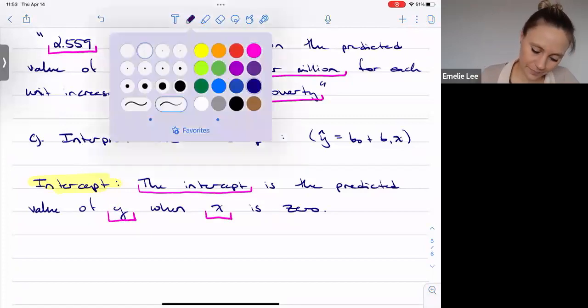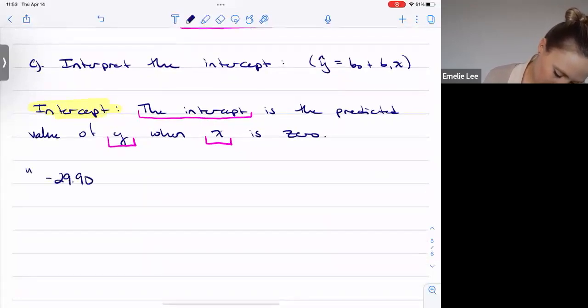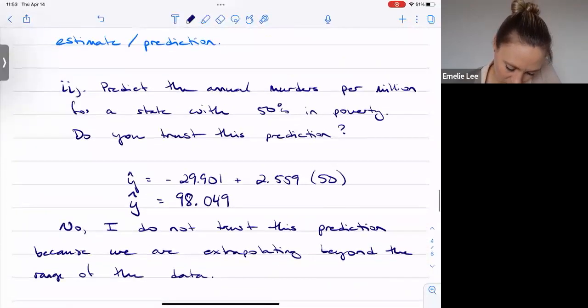So in this case, negative 29.901, I'm pretty sure, let me confirm. Yeah.